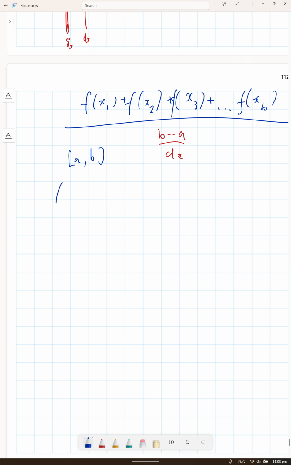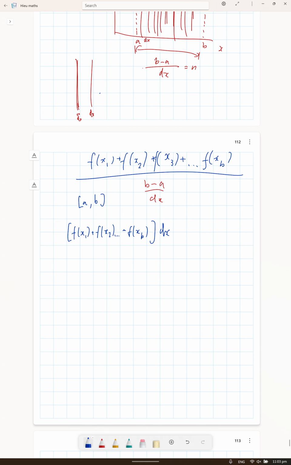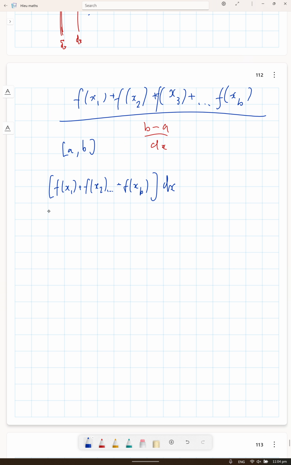Or another better way to show it is f(x1) plus f(x2), I'm going to skip f(x3) this time, plus f(xb), all multiplied by dx. Looks familiar yet, guys? So then all of this is divided by b minus a over dx.